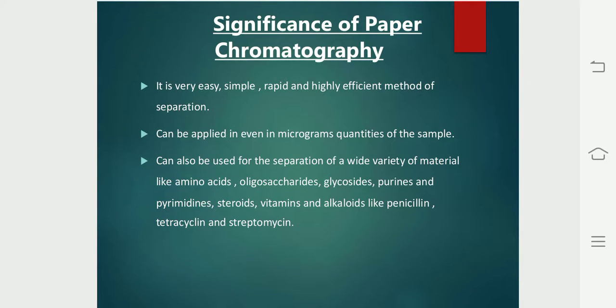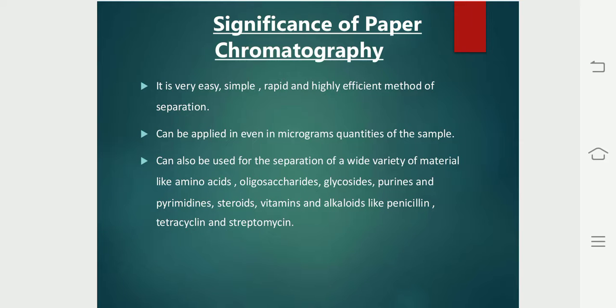The significance of paper chromatography is that it is a very simple, easy, rapid and highly efficient method of separation, and it can be used for purification, identification, and separation of the different components present in a sample. It can be applied even to microgram quantities of samples, so very small amounts of sample are required for the separation.